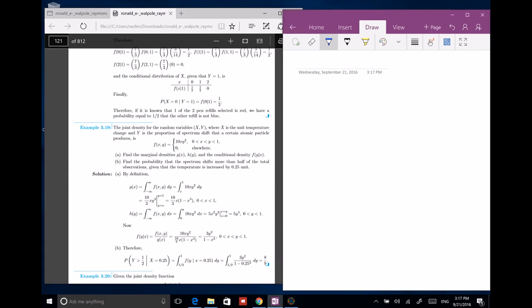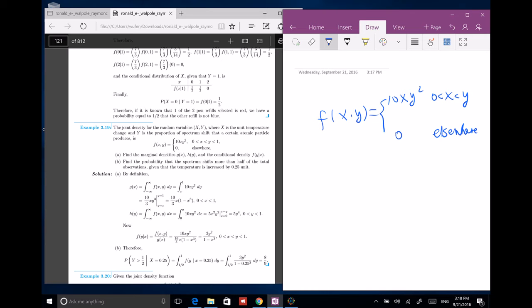Look at 3.19. The joint density function for random variables x and y, where x is unit temperature change and y is the proportion of a spectrum shift that a certain atomic particle produces, is f(x,y) = 10xy squared for 0 less than x less than y less than 1, and 0 elsewhere.